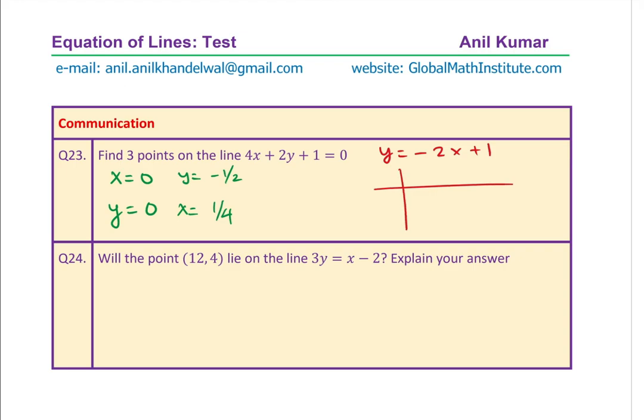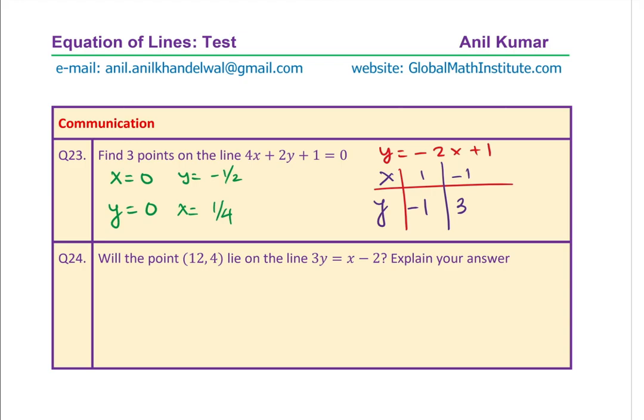Let us say I put x as 1. In that case, what is the y value? Minus 2 plus 1, we get minus 1, right? I could put x as minus 1. Then we have plus 2 and plus 1, which is 3. So we get more coordinate points.